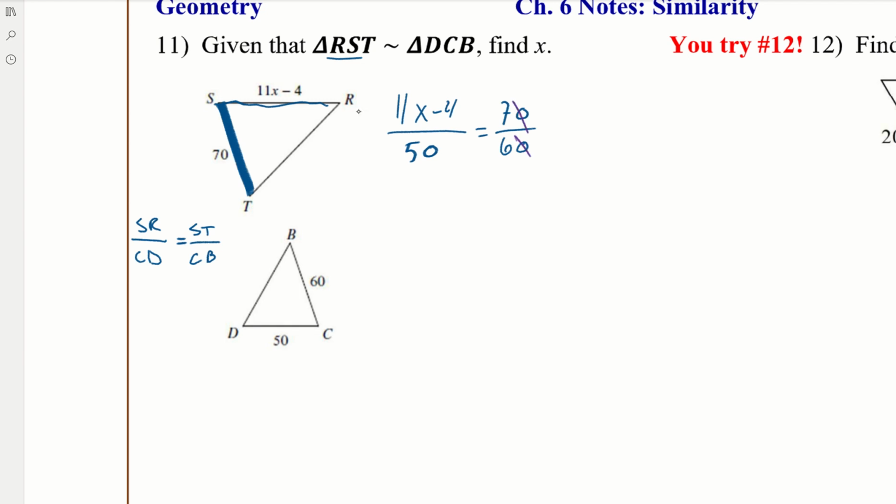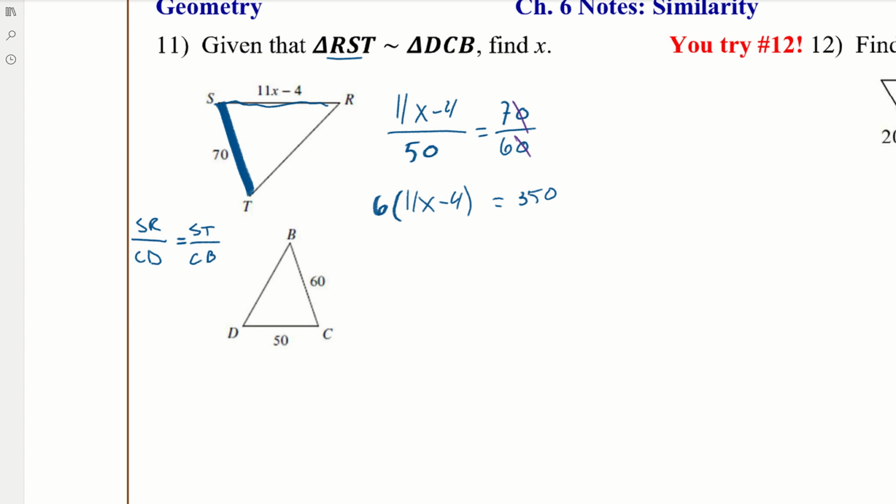If I can reduce, I will, because that is easier for me. And I'm going to cross multiply. And I am not going to forget to distribute, because that is a rookie mistake. 50 times 7 is 350.